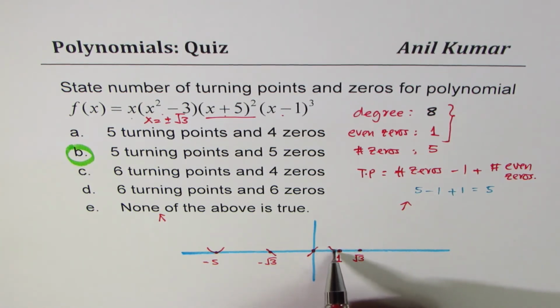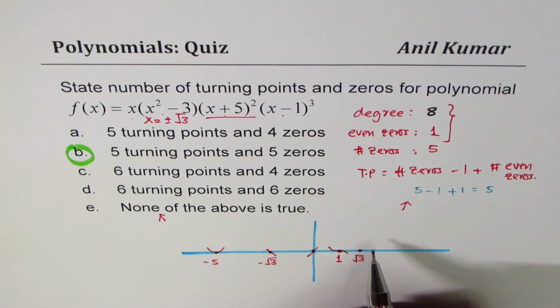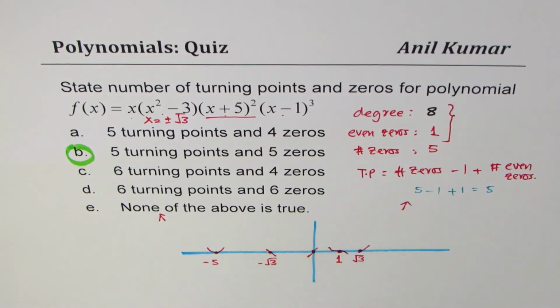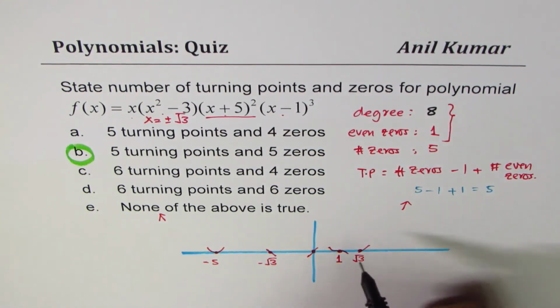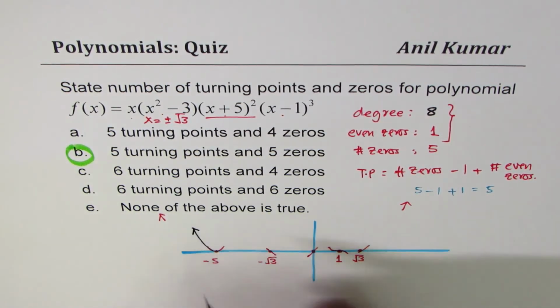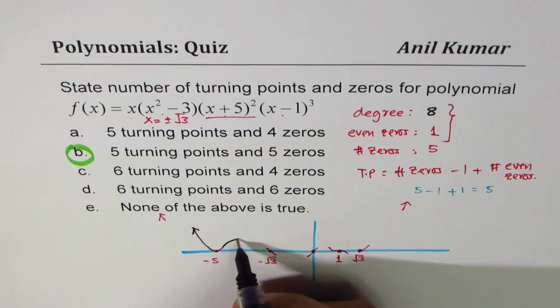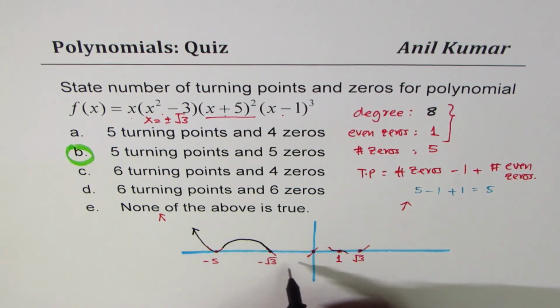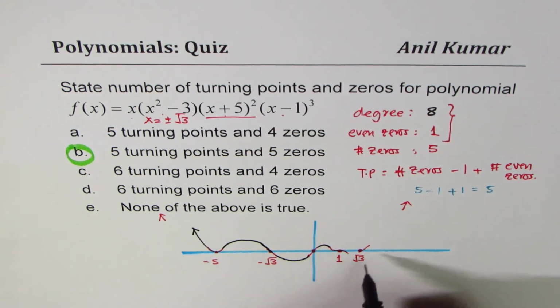So it goes kind of like this. And then square root 3 is linear. Perfect. So joining these, we get a curve, which is kind of like this. You see, we just join them to make a neat graph.